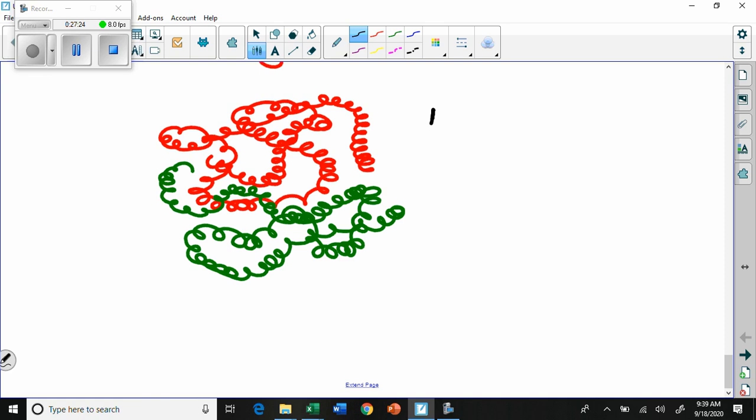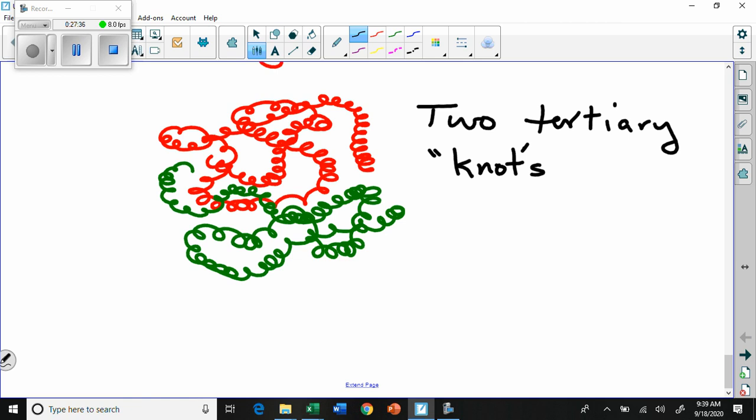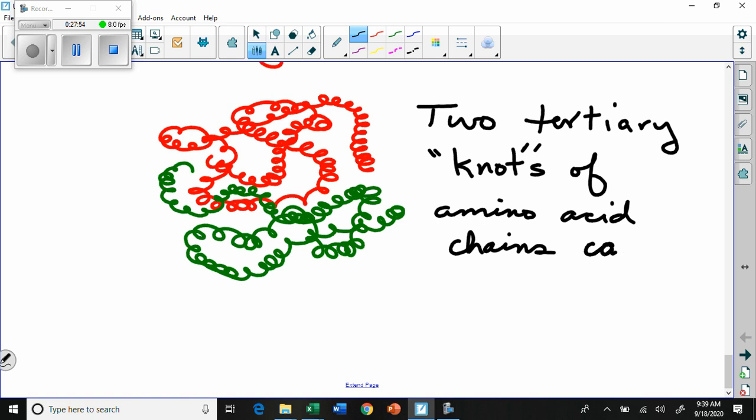So two tertiary, I'm going to call them knots, of protein or of amino acids can be attracted together.